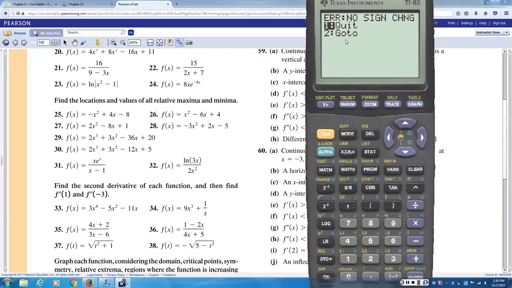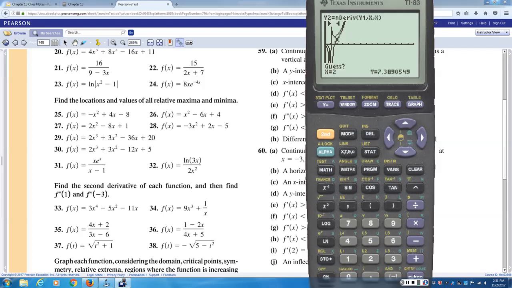Now it's telling me there's no sign change. Now I know the reason that it didn't. It was because I actually tried to find the zero of the function itself. So let me get to the derivative, which is right there, and put in a left bound of 1 and a right bound of 2.